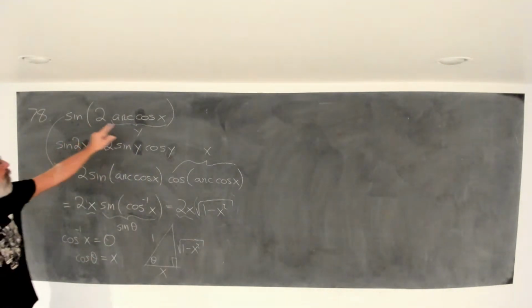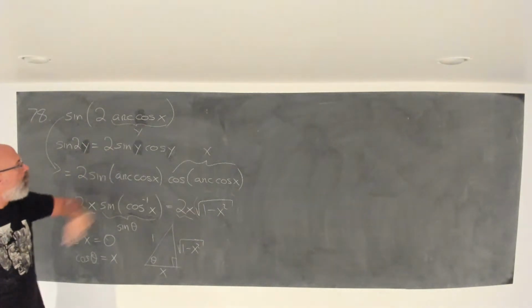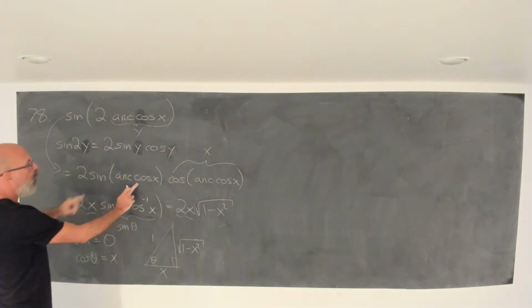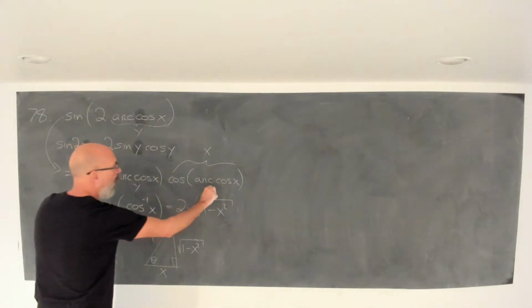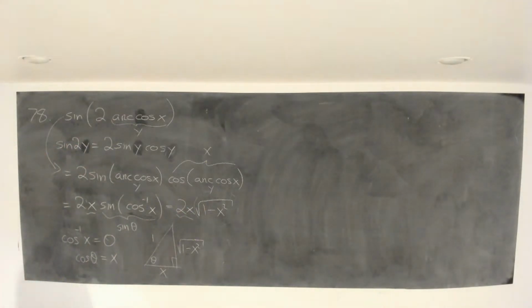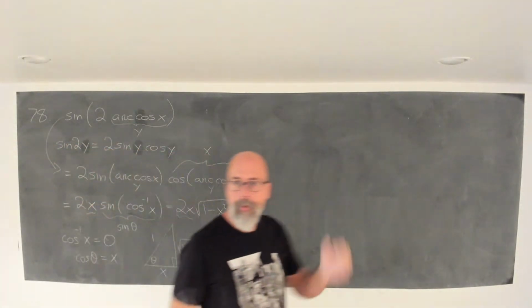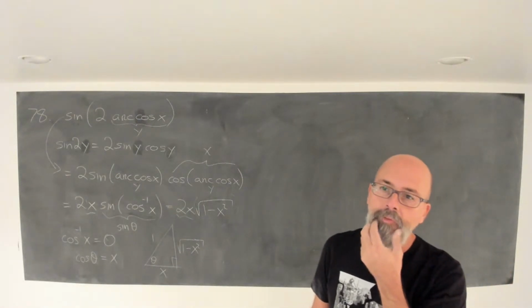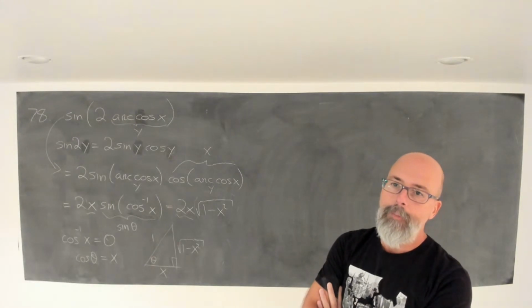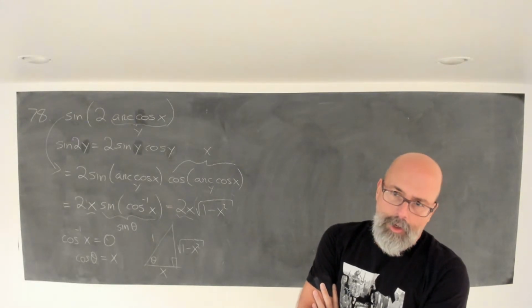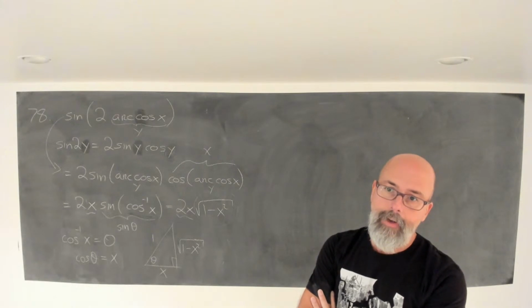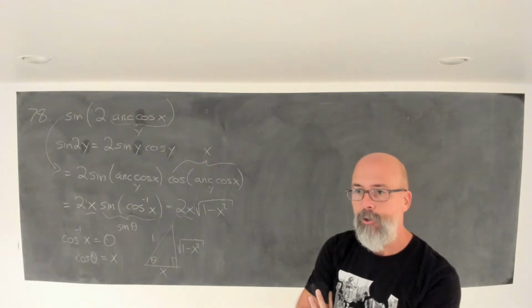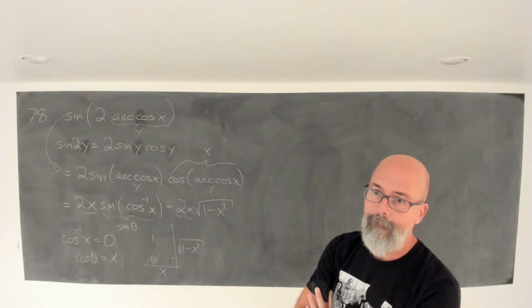So sine of 2y is 2 sine y cos y. Are there answers for the appendix problem? I assume there are. I haven't actually checked, but I assume that they're in the back as well.